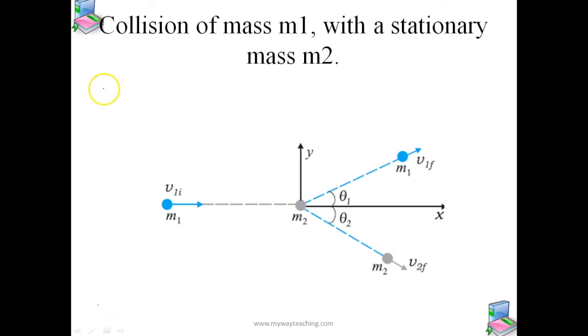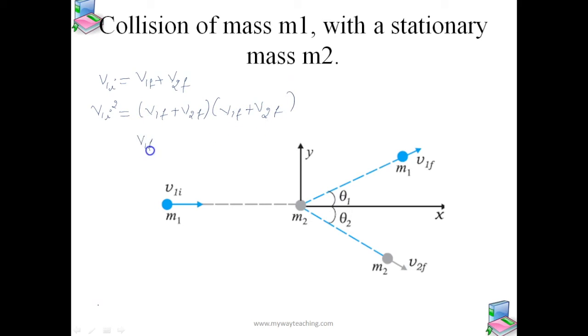Coming to the solution, from momentum conservation, since masses are equal, v1i, the initial velocity, is equal to v1f plus v2f, and v1i square is equal to (v1f plus v2f) multiplied with (v1f plus v2f), isn't it?